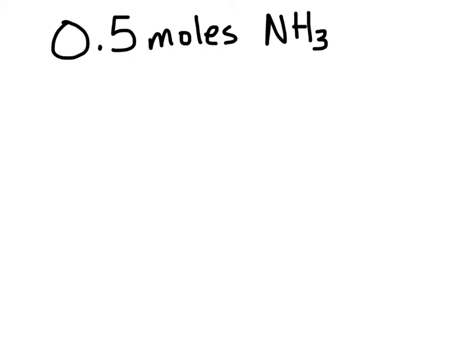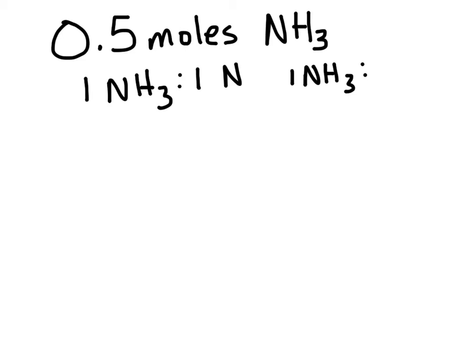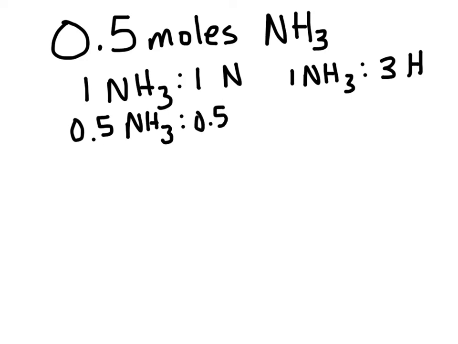Okay, so if we look at 0.5 moles of NH3, for every 1 mole of NH3, I would have 1 mole of nitrogen. I would also, for every 1 mole of NH3, have 3 moles of hydrogen. So for 0.5 moles of NH3, I would have 0.5 moles of nitrogen, looking at the 1-to-1 ratio.